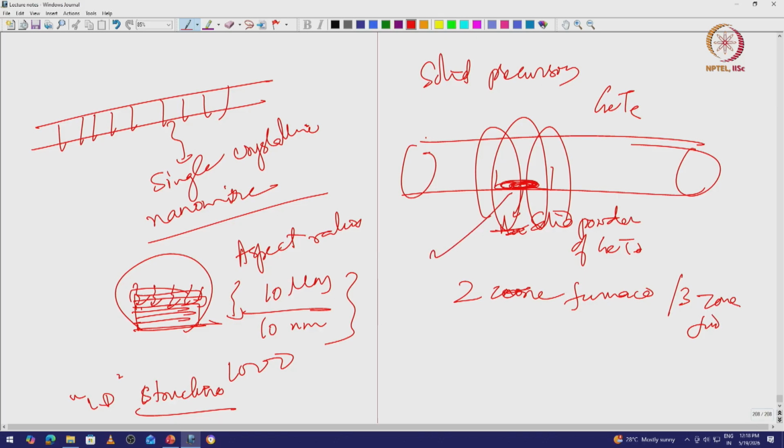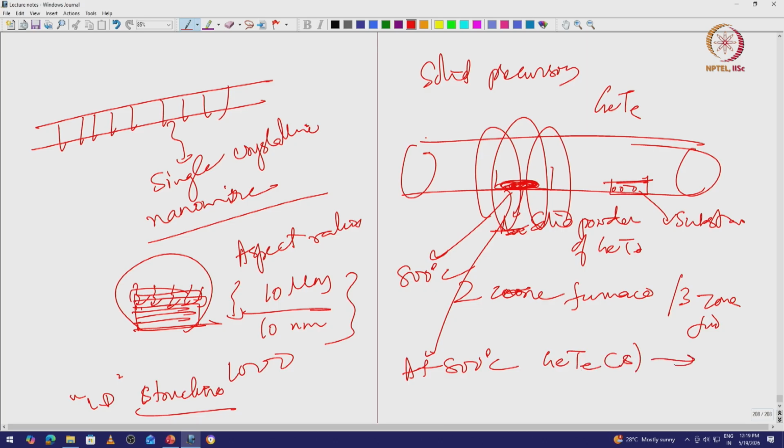This is heated to something like 800 degrees Celsius, whereas I will put my substrate on the downstream. This is the substrate with gold. At 800 degrees Celsius, germanium telluride solid sublimates to give germanium telluride vapors.